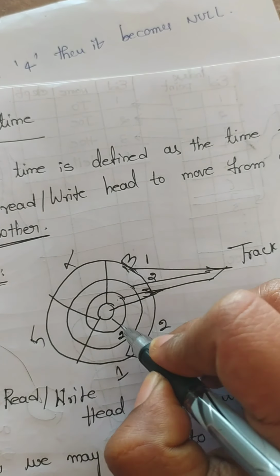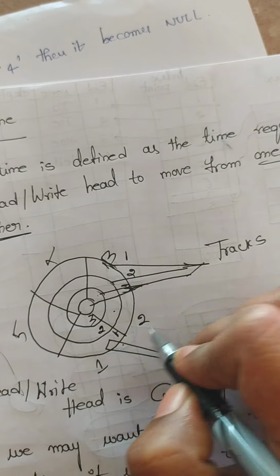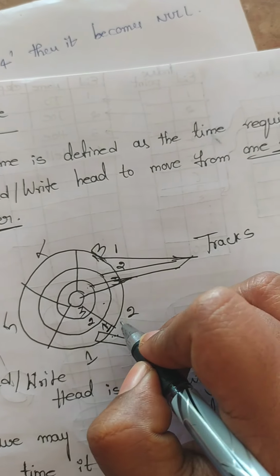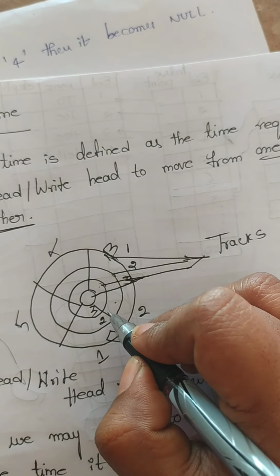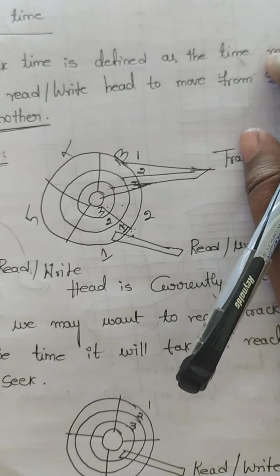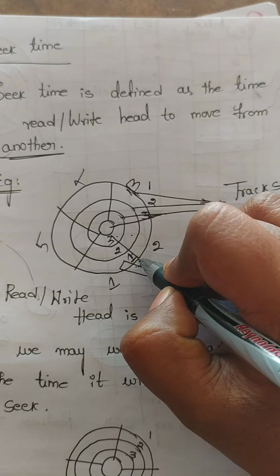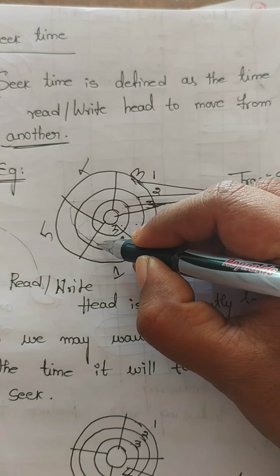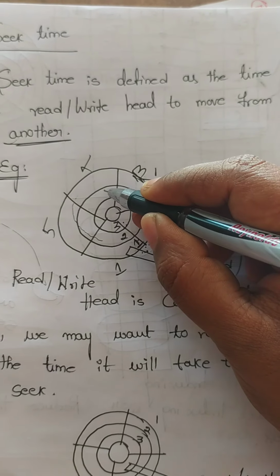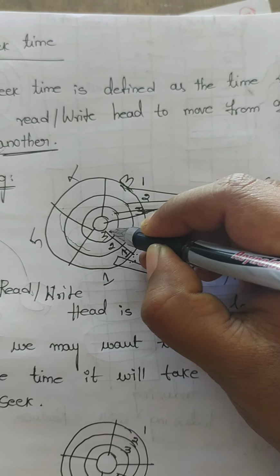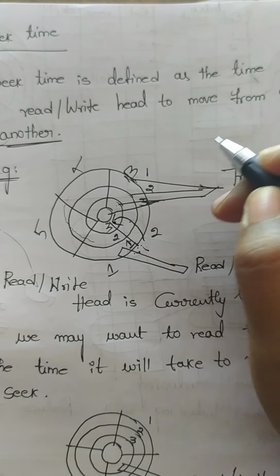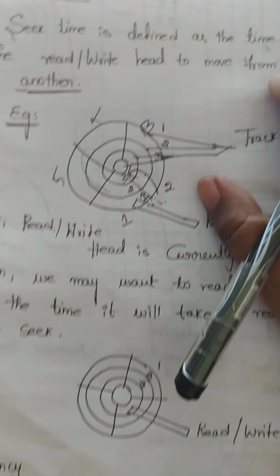This is the second track, this is the third track. So this read and write head was present in track 1. Then we want to go to track 3. So from track 1 to track 3, it will rotate, then go to the second one, and then go to the third one. To move the read and write head from this to this, we need some time.